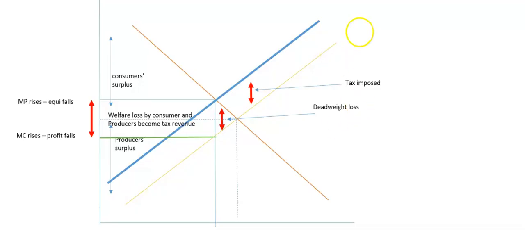So the tax shifts the price up, right? And that causes the consumer to reduce the quantity that they demand, and that, as it were, cuts out some of their surplus. It also reduces the producer's profits, and therefore they lose some of their surplus.